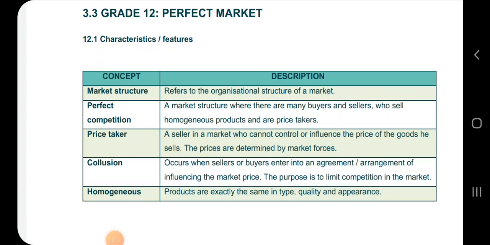So today I will be doing dynamics of markets, and for the sake of this video I will not be doing graphs. I will do graphs in the next video, but the graphs are similar or the same to the ones that we do in grade 11.